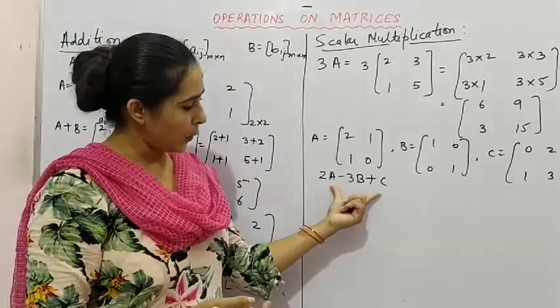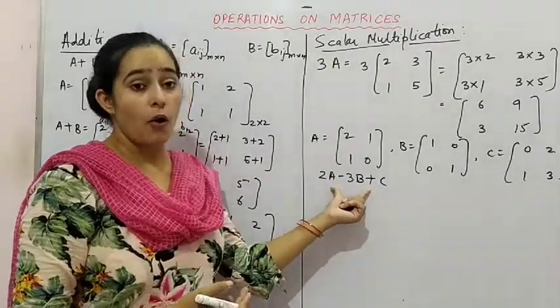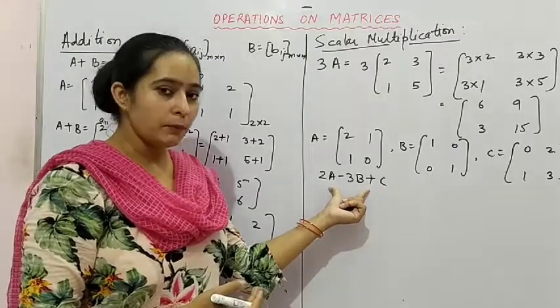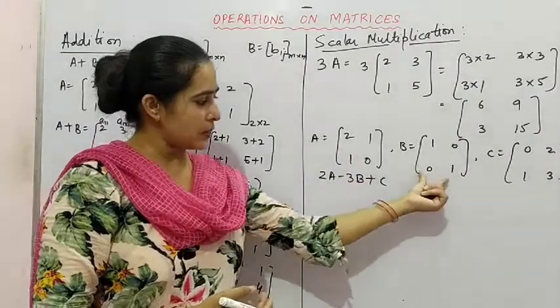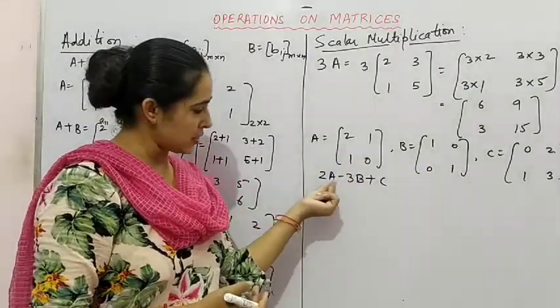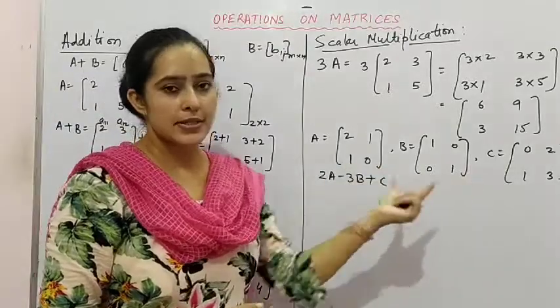So we are evaluating this. Now how can you evaluate this type of expression? Simply we have to substitute the matrices here. In place of A, B and C, we have to substitute matrices here.